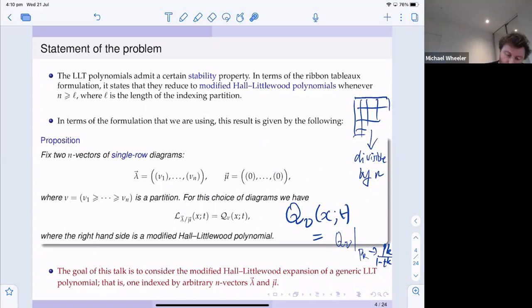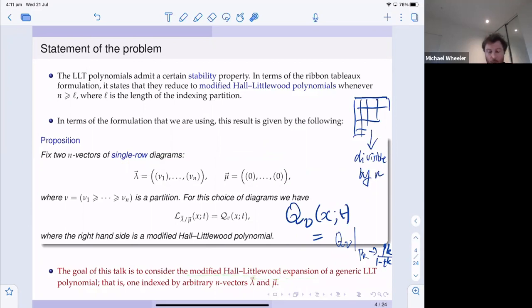Okay. So the goal of the talk, what I want to get to at the end, is to talk about the expansion of a generic LLT polynomial. So an LLT polynomial that does not assume this particular choice of diagrams, but for generic vectors of diagrams, I want to work out the Hall Littlewood expansion or the modified Hall Littlewood expansion for a generic LLT.